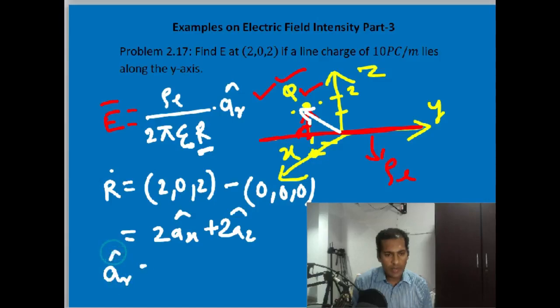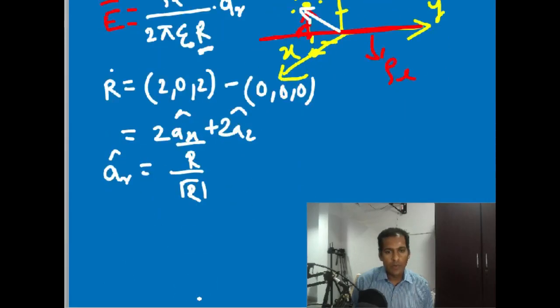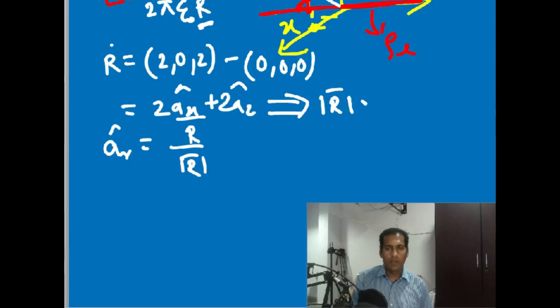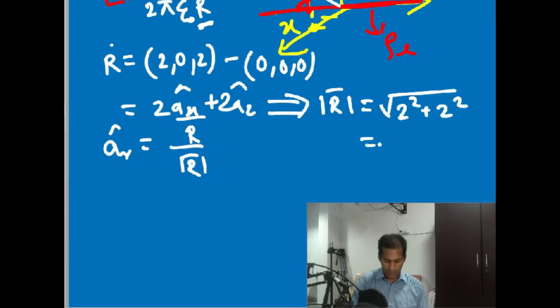For AR cap it will be equal to R bar divided by mod of R bar. Mod of R bar is the square root of 2 squared plus 2 squared. This value will be 4 plus 4, root 8.